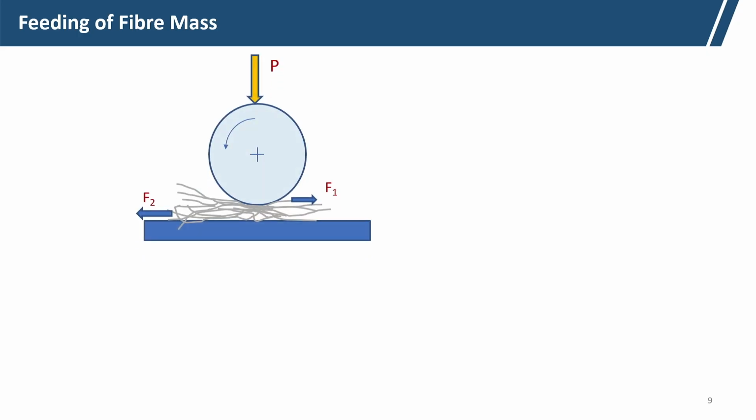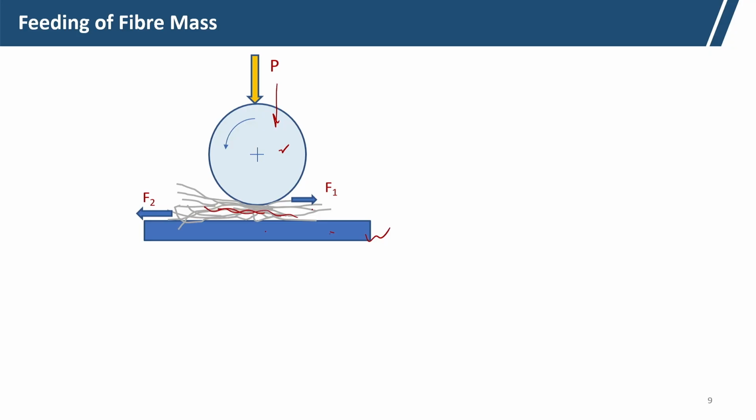Now, let us calculate the force applied here and how it actually affects the feeding. This is the feed plate, and here is the feed roller, and the feed roller is pressed against the feed plate with a certain pressure. P is the top pressure, and in between the feed plate and feed roller are the fibers.